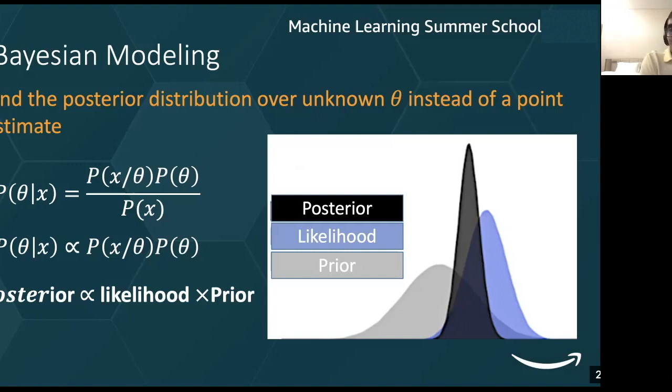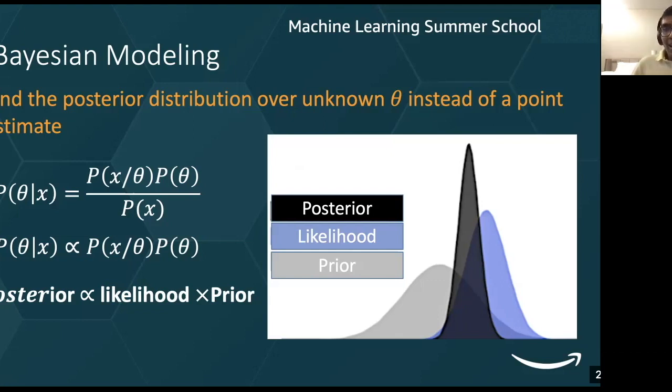But if you look at it from a Bayesian perspective, why should theta be a point estimate? Theta itself can be a distribution, right? So if you look at the distribution of theta given the data that you have collected, that is P of theta given X, you can split it using Bayes theorem in this particular fashion, where probability of theta given X is equal to probability of X given theta times P of theta divided by P of X. So now you can see that based on this expression, P of theta given X is no longer a point estimate, but a distribution, right?